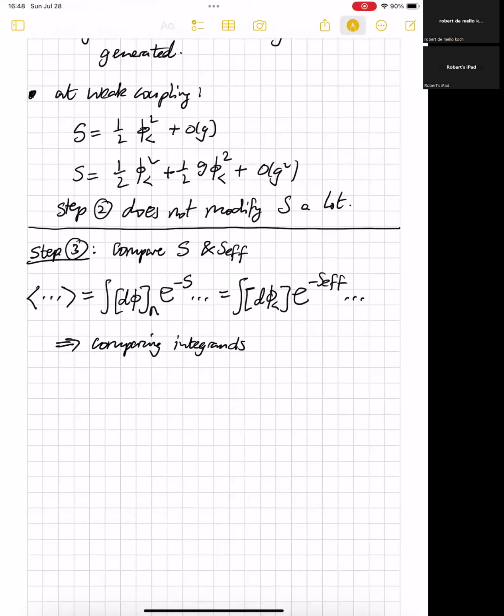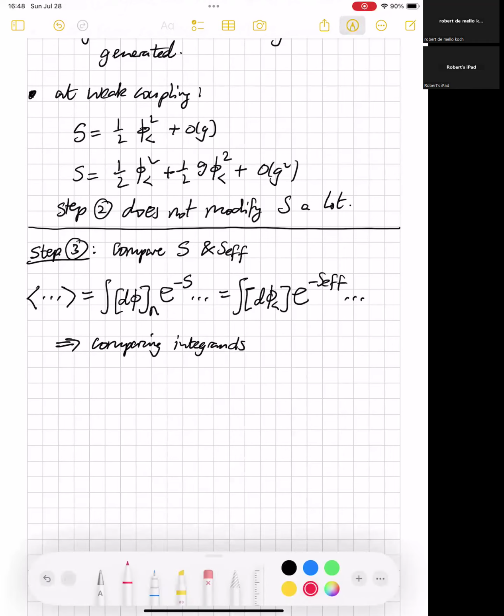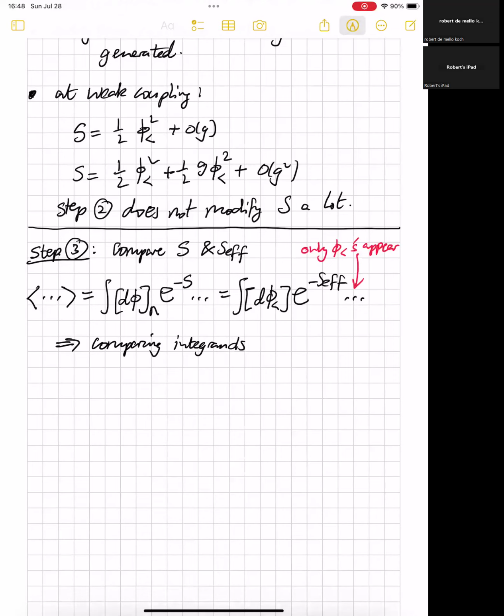Oh, let me just make one comment in case you get a little bit confused. Don't forget that inside the correlator, only phi less thans appear. So all of the fields in the correlator can be taken out of the integral over the high energy mode. So don't let that confuse you.